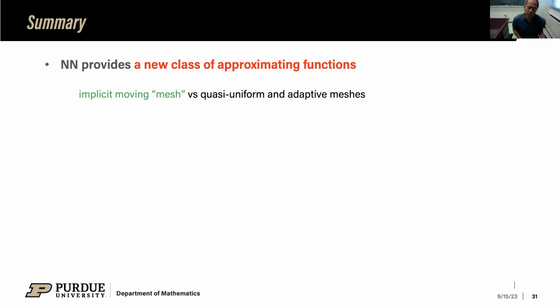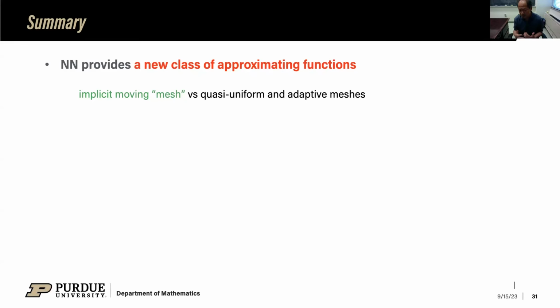So for the neural network, I'm looking at it from a very narrow point of view. I treat this as a new class of approximating functions. Okay. So if I use ReLU, this class of approximating functions in one dimension is nothing but the free knot spline, which was invented by mathematicians in the late 60s.